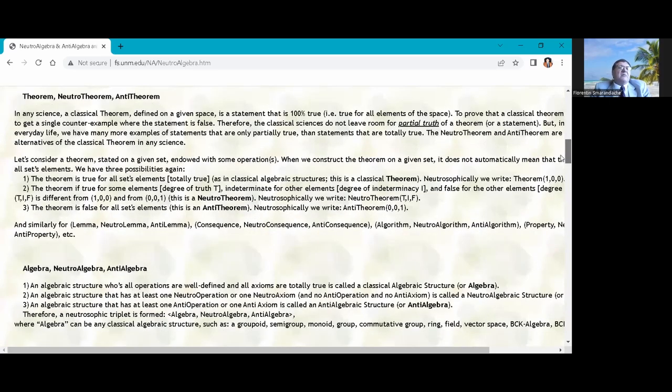Same thing for a theorem. We may have a theorem which is false or true in different spaces. You may know that, for example, from non-Euclidean geometry, where if the fifth postulate of Euclid is false, then we may have a triangle whose sum of angles is not 180 degrees, maybe bigger than 180 degrees or less than 180 degrees.